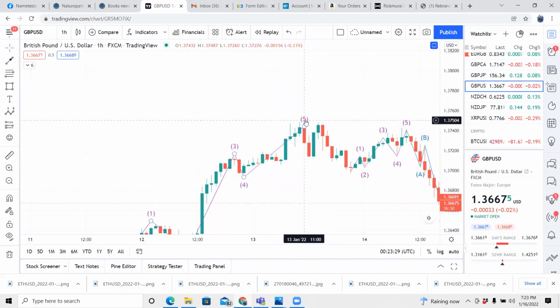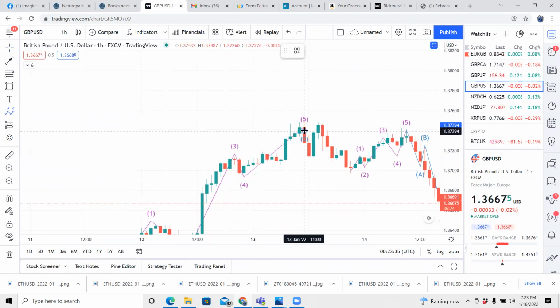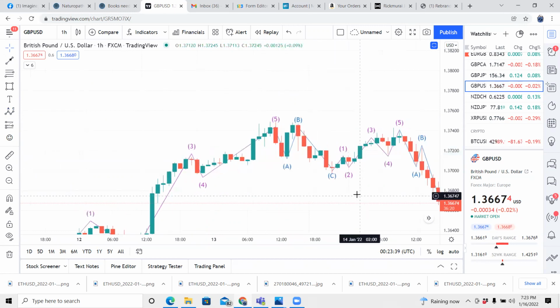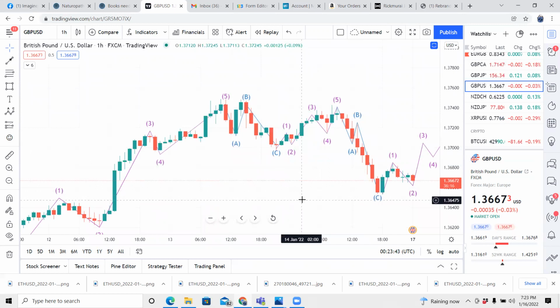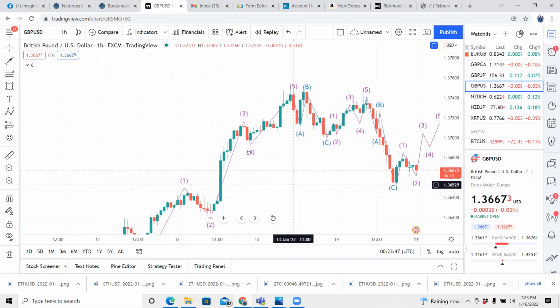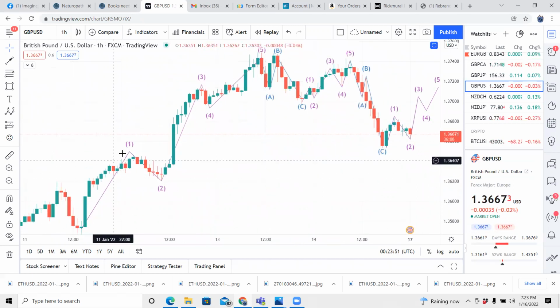And then what do we have afterwards? We have our ABC correction. Down, B, C. Oh, look at that. And it intersects perfectly with what we just put up. Look at that. Intersected perfectly. Didn't even plan that to happen, but that intersected perfectly right there. Look at that, okay? 1, 2, 3, 4, 5.